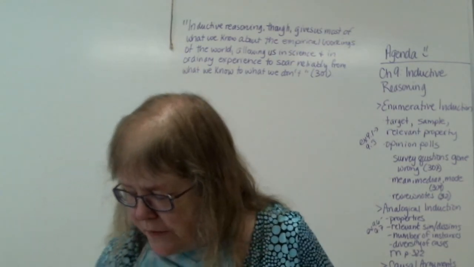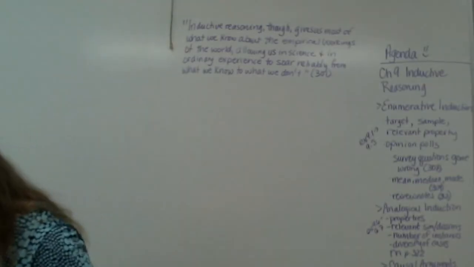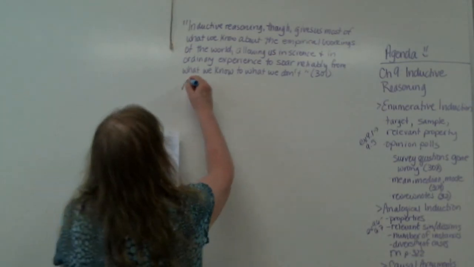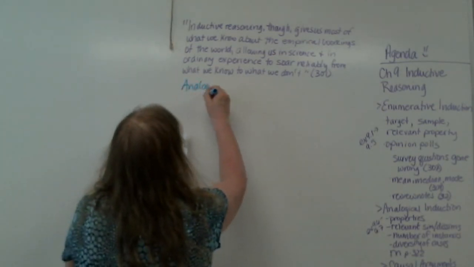Okay, let's see if that'll hold my throat for a little bit longer. Okay, so an argument by analogy compares at least 2 things on a variety of levels, okay? And analogical induction has a pattern, just like everybody else, right?